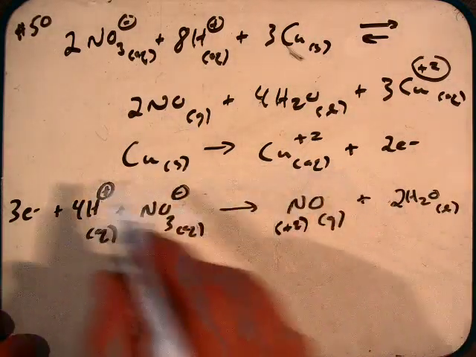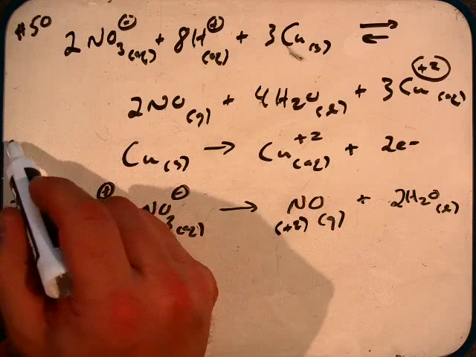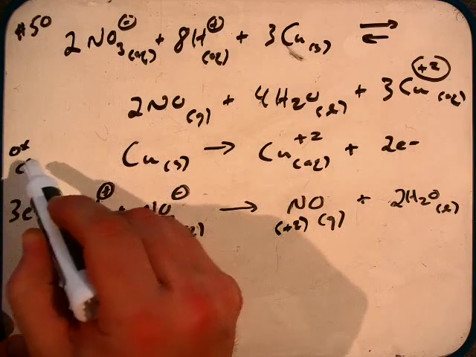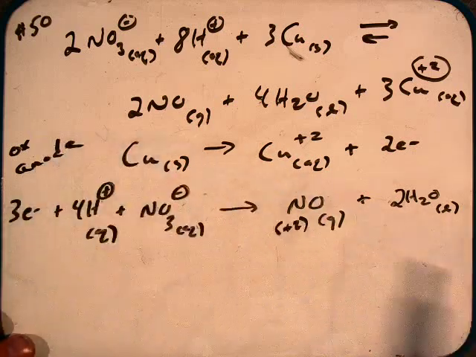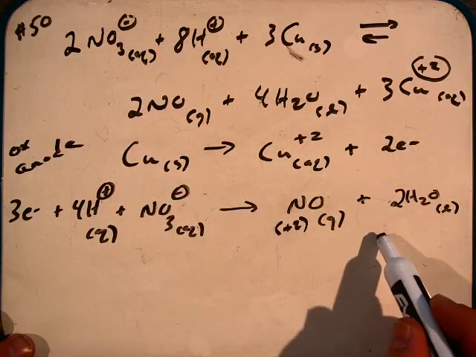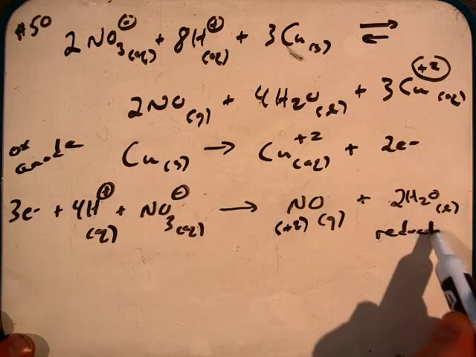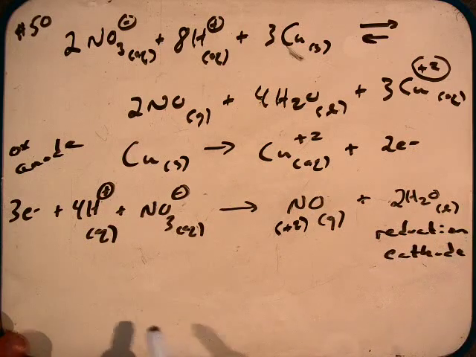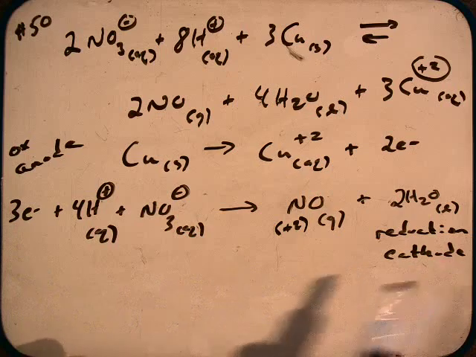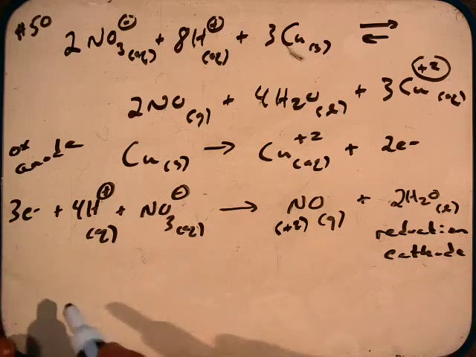So here is our oxidation. Remember, our oxidation is going to be at the anode, and then our bottom one is our reduction, and that's going to be at the cathode. That's how we write the cell, with our anode on the left, the cathode on the right.